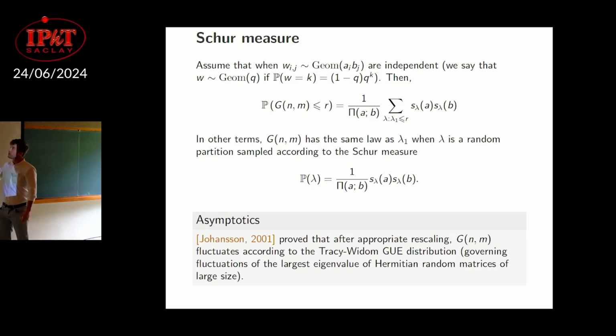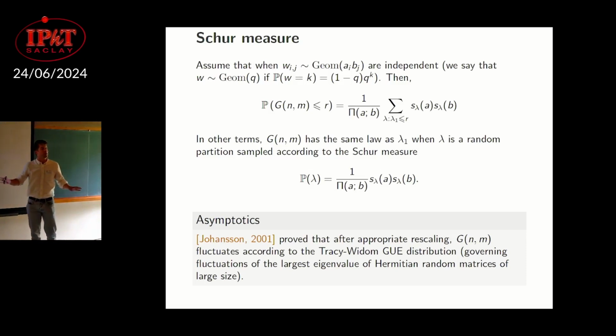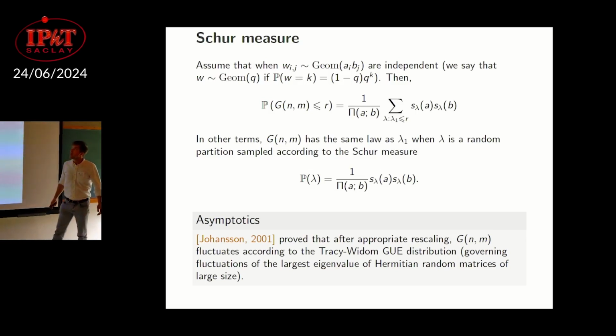And so if one does that, the correct law to put on the matrices is to assume that all the w_ij are independent, and they are distributed as geometric random variables, geometric with parameter a_i b_j. Here, geometric of parameter q means that the probability that the variable is equal to k is proportional to q to the k.